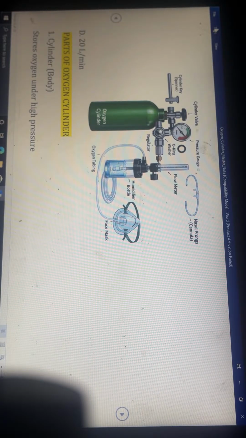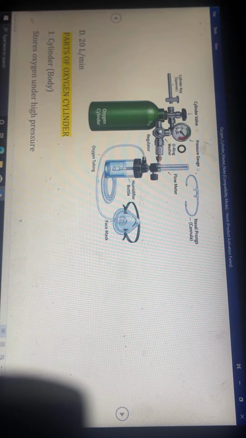So having noted these three parts, I don't want you to ever forget them. Now we have the what? The pressure gauge. Many students intertwine this pressure gauge with the flow meter. From the word pressure gauge, it is gauging something, to know if there is something there or not.